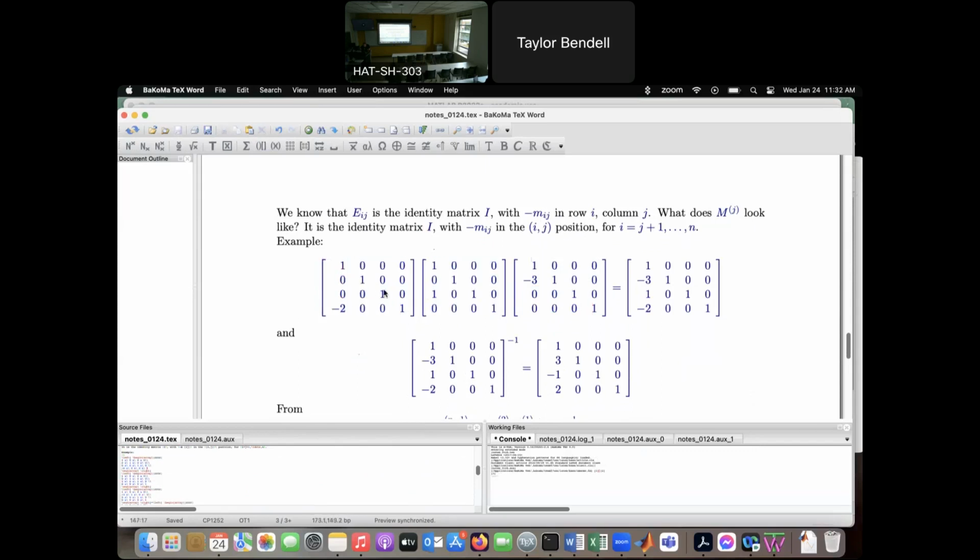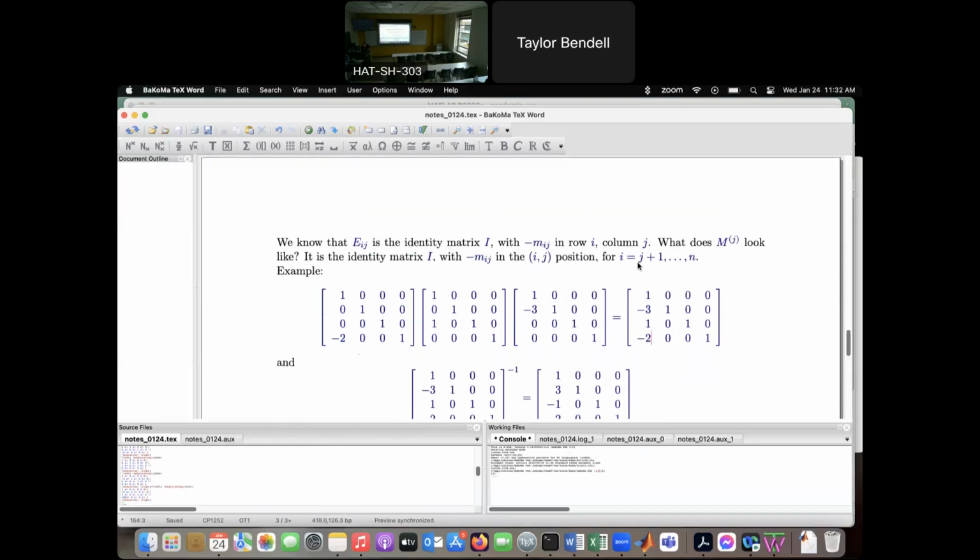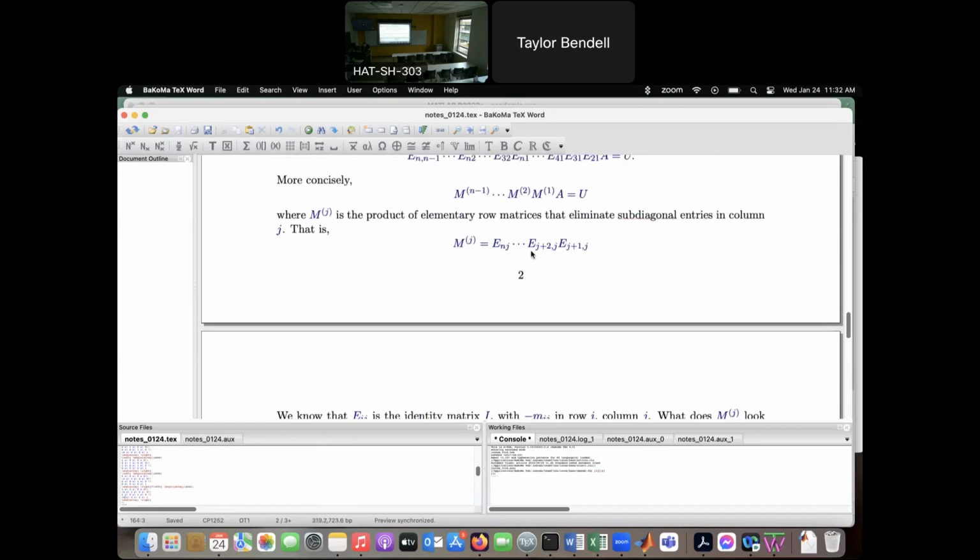And what happens when we multiply all these things together? It works out very nicely. We still have identity on the diagonal, and then all the multipliers are just stacked on top of one another in column 1. So, in fact, knowing what the row operations are in these E's makes it very easy to get this matrix M_J.